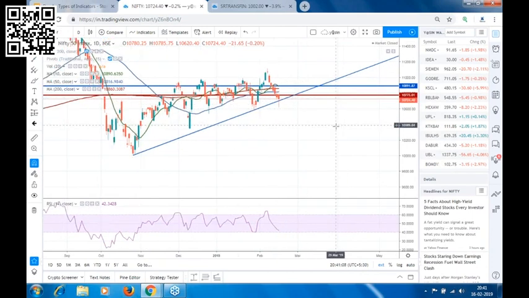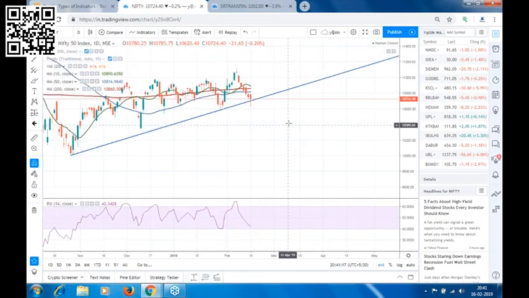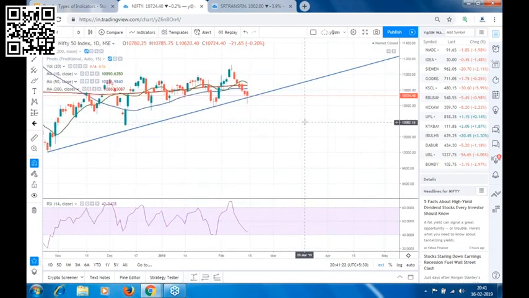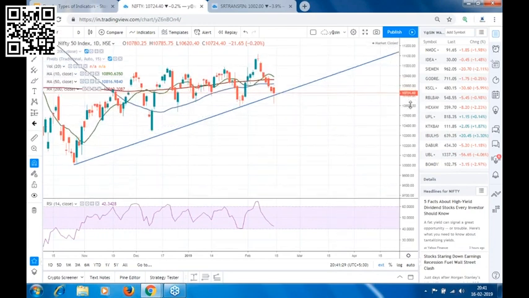Now let's see whether it breaks the trend line on Monday, or we are expecting a pullback, because Nifty is continuously falling. If we see 1, 2, 3, 4, 5, 6, 7, from the last 7 days, Nifty is continuously falling. So we can expect some pullback in Nifty.